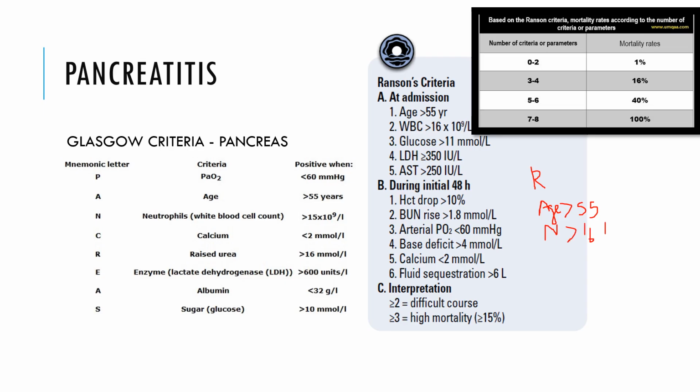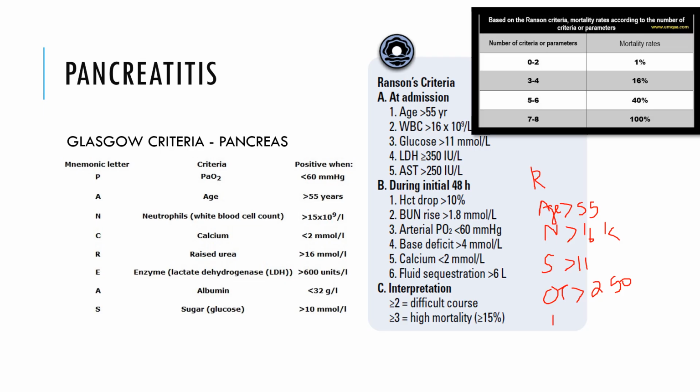S for sugar more than 11 millimole per liter. O for OT, SGOT, which is AST, more than 250. Okay, you can remember OT, SGOT.